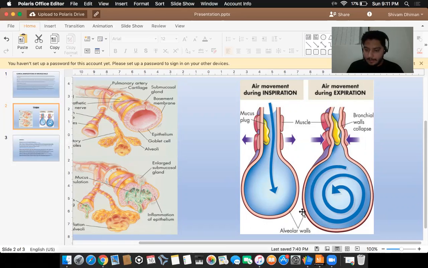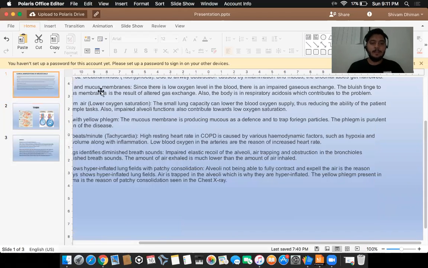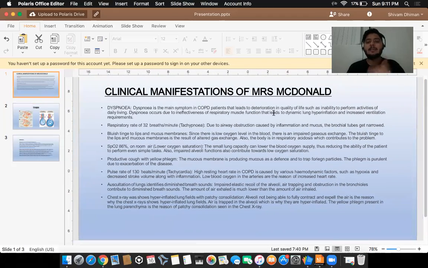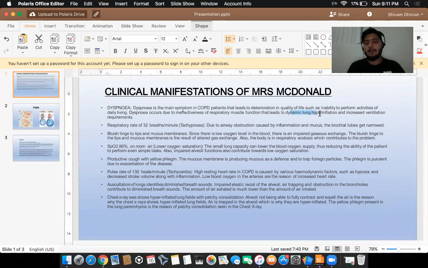There is an impairment in the alveoli function, resulting in a lot of problems for the person. This is why dyspnea occurs: because there is less oxygen, and there is dynamic lung hyperinflation and increased ventilation requirements.